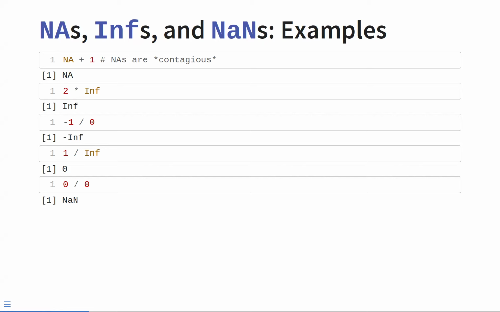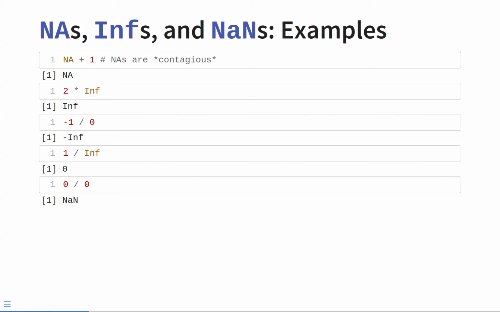0 divided by 0, on the other hand, is undefined. If you want to think about that from the perspective of limits, you can think about it as follows. If I tell you that the numerator and denominator of a fraction both tend to 0, that's not actually enough information to see where the whole fraction tends. You'd have to know the rates at which each of those things approaches 0.